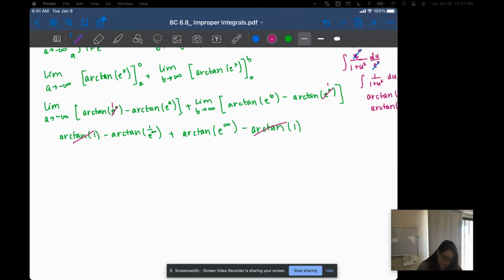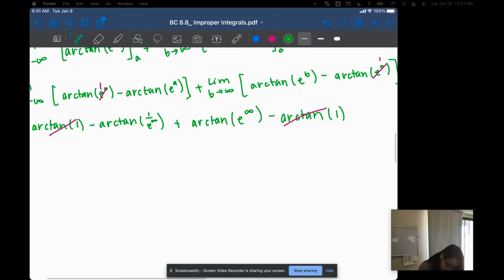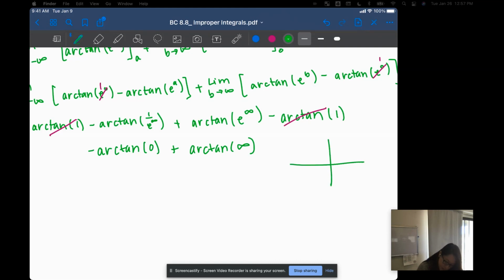Arctan of 1 over infinity is basically the negative arctangent of 0 plus arctan of infinity. So remember back in our previous example, as x goes to infinity, we are approaching the asymptote pi over 2.